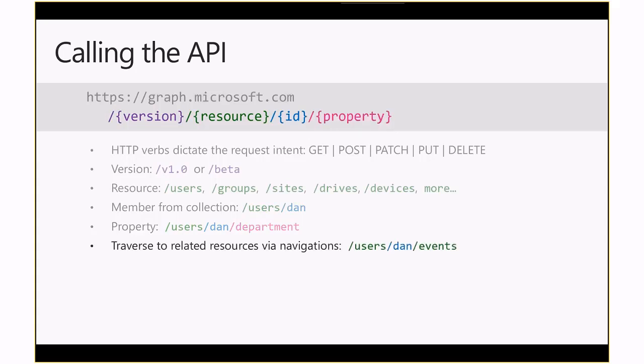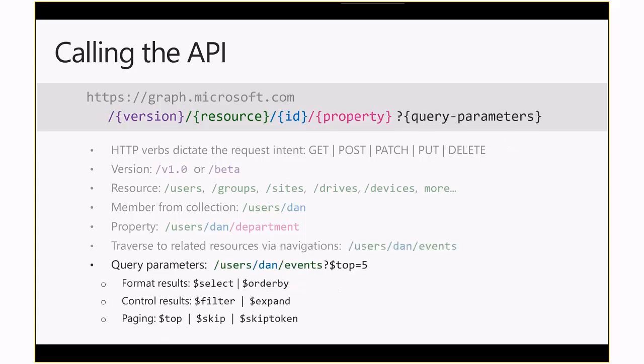I can traverse between related resources, so I can get Dan's events, or maybe I can get Dan's groups that he is a member of. And finally, I can use a series of query parameters to get various different results.